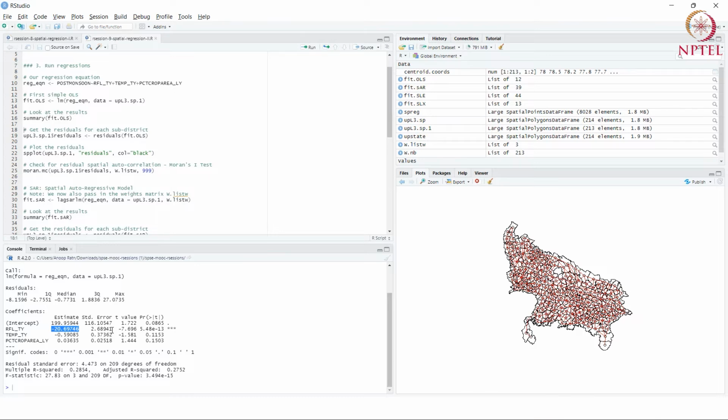What that means is that rainfall is inversely related to groundwater levels. In areas where rainfall is high, meaning the magnitude of rainfall in meters is high, at those locations the value of groundwater level is smaller.